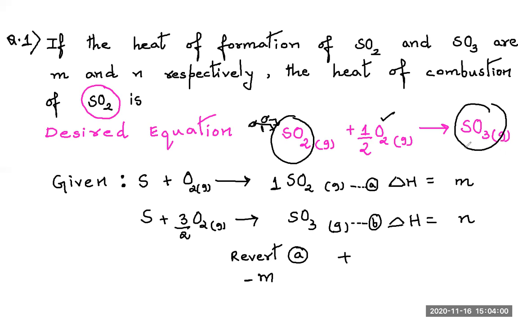I want it on the right. It is 1. I want 1. So as it is. No need to multiply, divide, revert or do anything to equation B or its value. So it becomes M plus N, that is, the answer becomes N minus M.